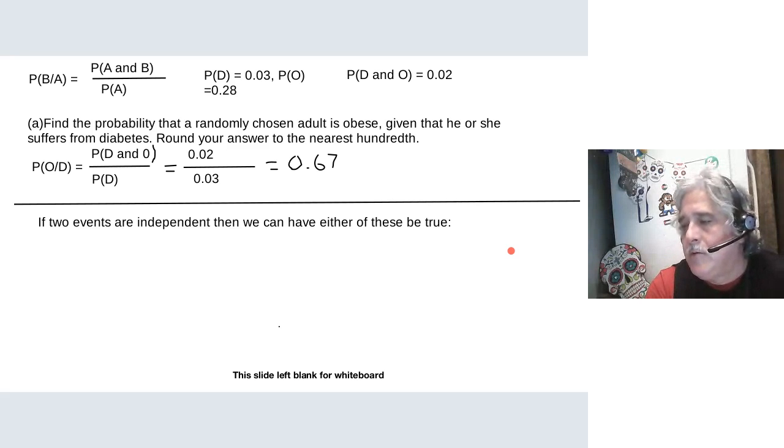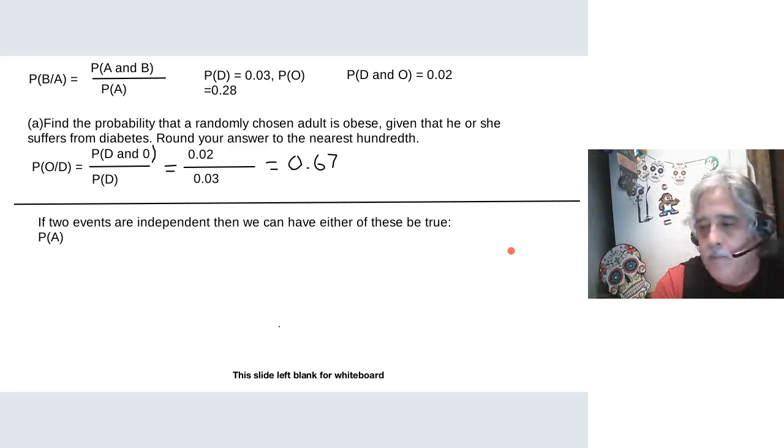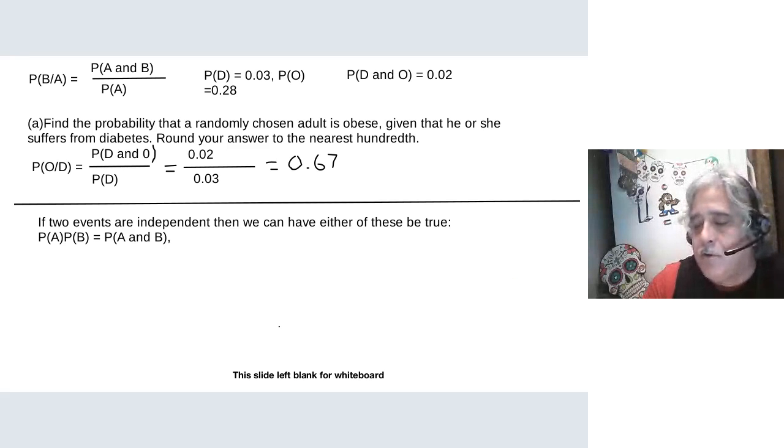All right, so the one is like what I just told you. Now here's the other one, and you can write it two different ways, sort of like how you can do that with the complement rule, but it's not the complement rule.